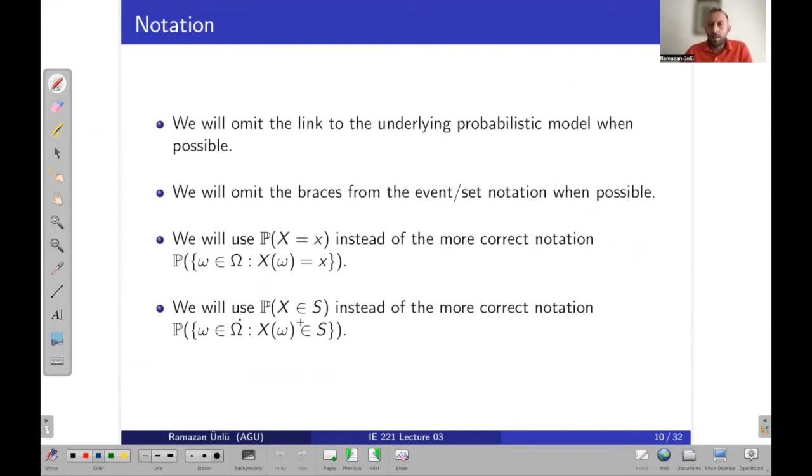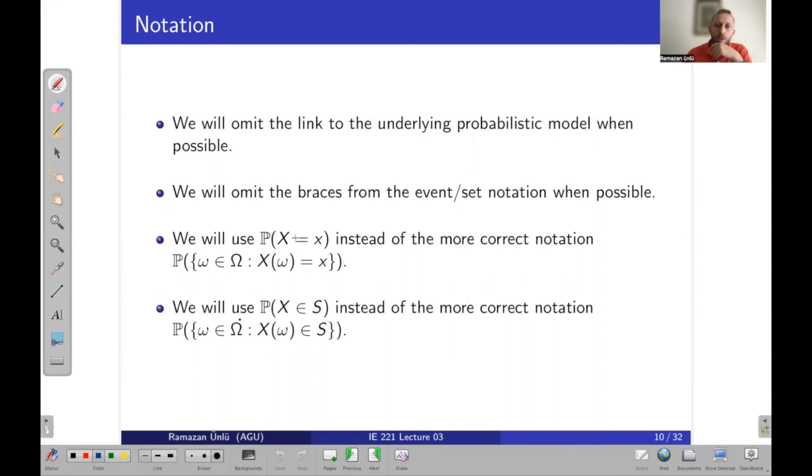So let's look at some details, and we will omit the link to the underlying probabilistic model when possible. If you have a probability mass function, you don't need to look at the probabilistic model of your problem. You can calculate the probability of any event, any subset of omega, if you have calculated the probability mass function.